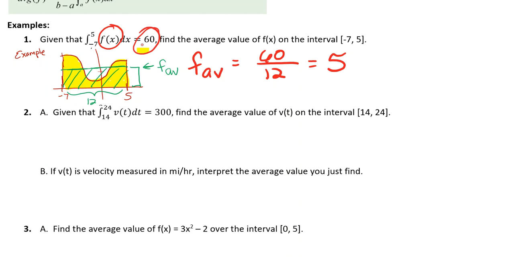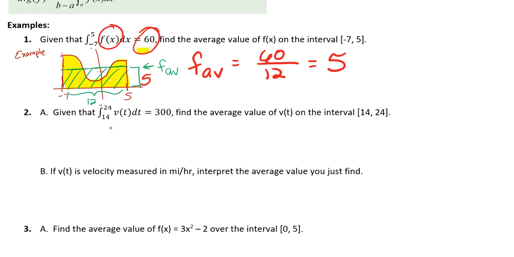That's where we come up with the 60. And we know the base of the interval is 12. So our average height that we want then for a rectangle, so this green rectangle, would have an area of 60 if our average height is 5.